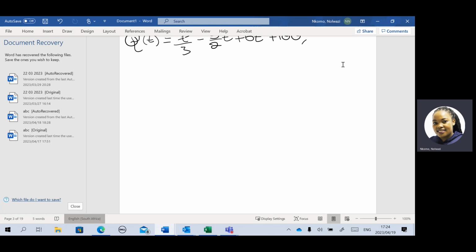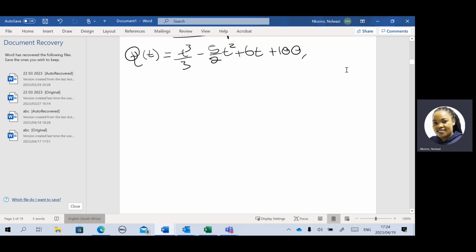That is, we need to find the turning point of Q. And then after finding the turning point of Q, we need to find the second derivative of Q and check which of the points gives the minimum output and which gives the maximum output. We will find the turning point by finding the first derivative of Q and equating it to 0, right?